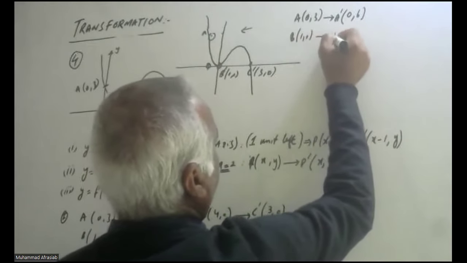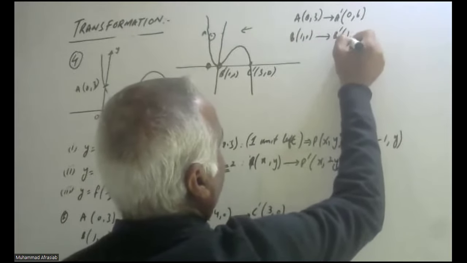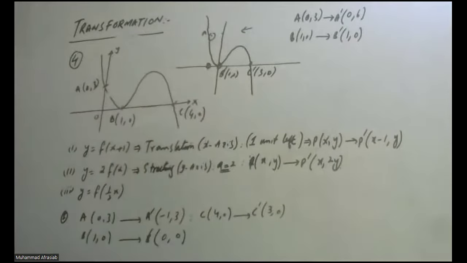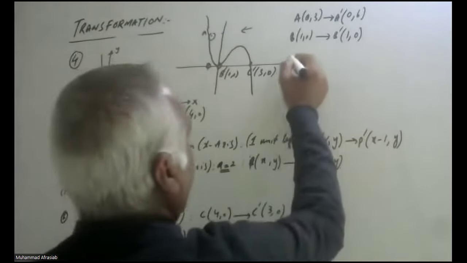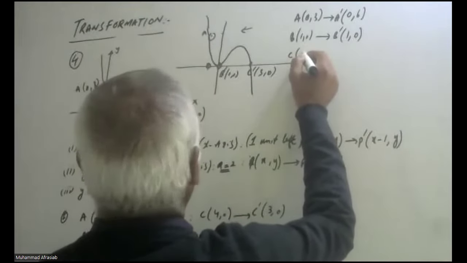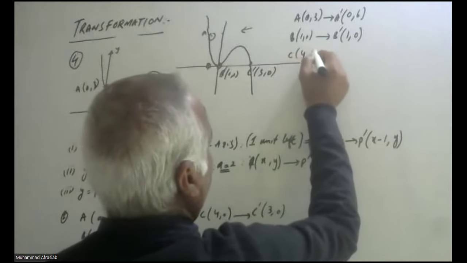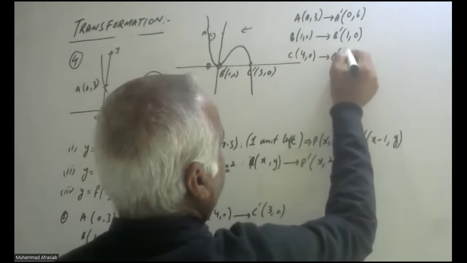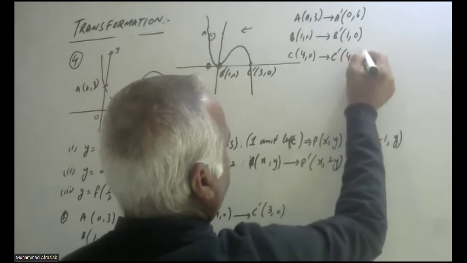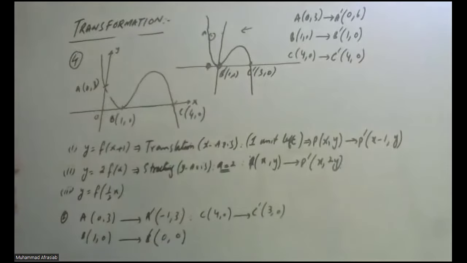Now this point will be B dash, 1 as it is and 0 will be 0 because 2 into 0 is 0. And for the C point, it is (4, 0). Now it will become C dash (4, 0) because the y coordinate is 0.